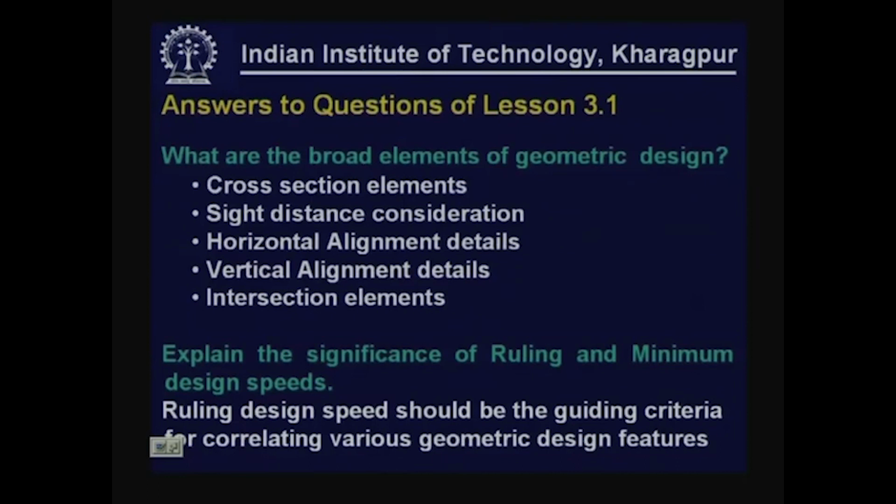Next question was, explain the significance of ruling and minimum design speeds. Obviously, we try to design the facilities based on ruling design speed, and only when due to site conditions there are extreme difficulties do we use another limit, which is known as minimum design speed.